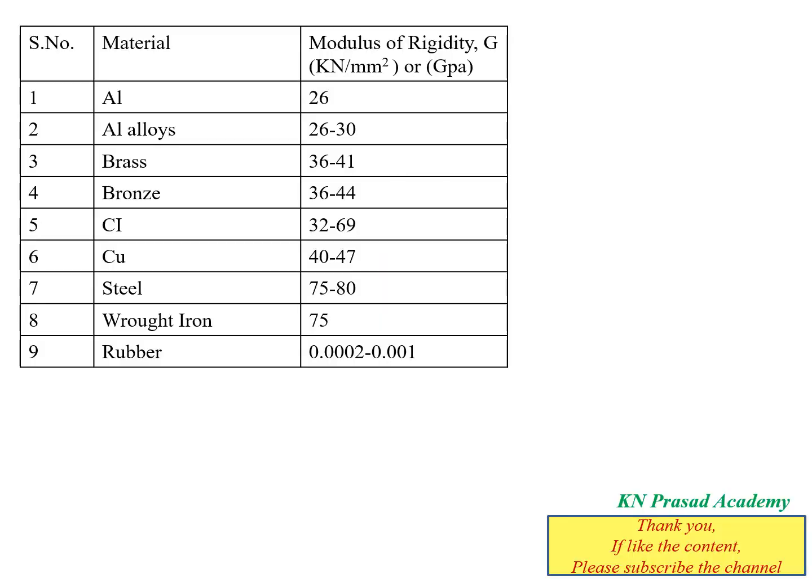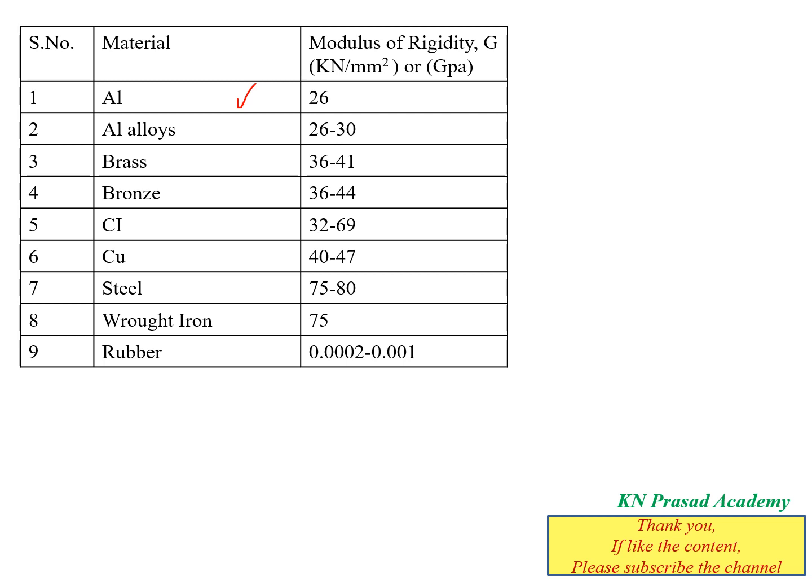Observe the table, which represents the modulus of rigidity for different materials. For aluminium, 26 gigapascal, and aluminium alloys range from 26 to 30. Brass is within the range of 36 to 41 GPa, bronze is 36 to 44 GPa, and cast iron 32 to 69 gigapascal.